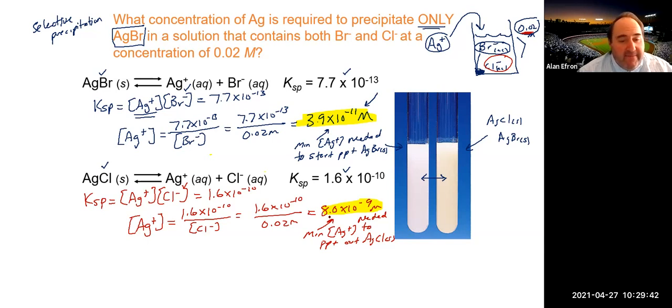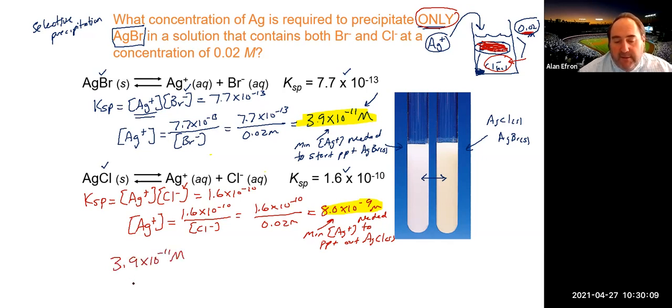So if we wanted to answer this question based on what the problem's asking, we only want silver bromide to come out. So we basically only want to get rid of this guy and we want to keep the chloride still floating around. That means that the first thing that we need is we need to get our silver concentration to 3.9 times 10 to the minus 11.